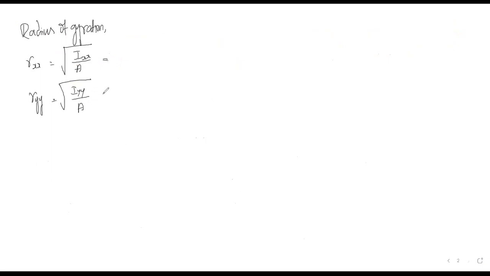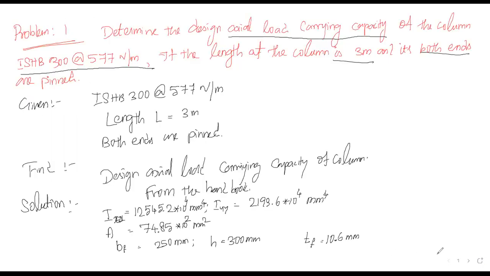Now let us go for the rxx and ryy values, that is the radius of gyration. The radius of gyration with respect to the x axis, rxx, is equal to root under Ixx by A, we know that. Similarly, ryy is equal to root under Iyy by A. If I substitute, what value do I get?